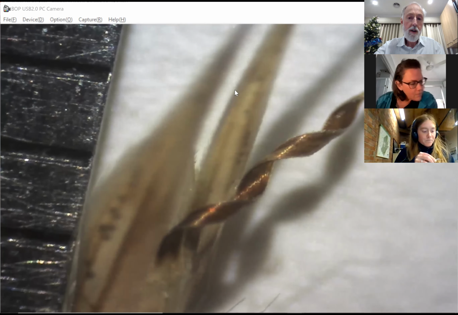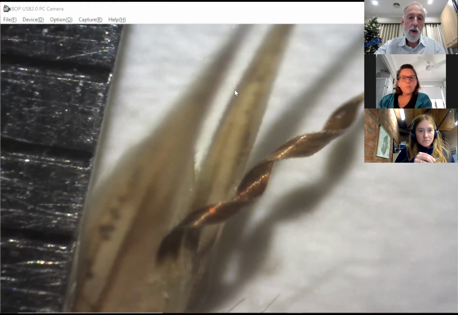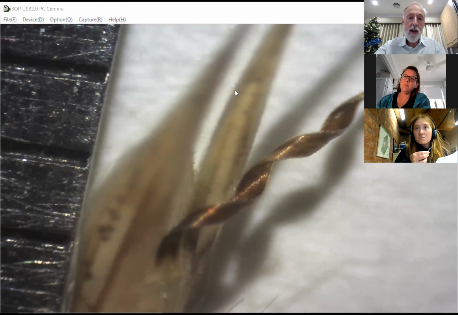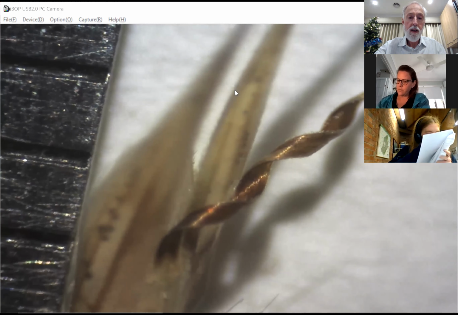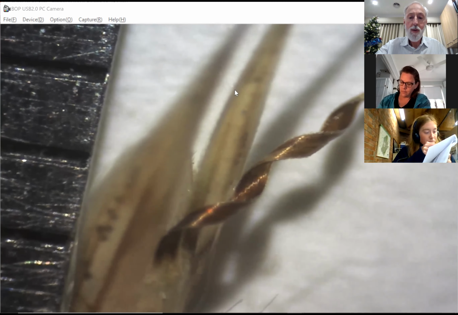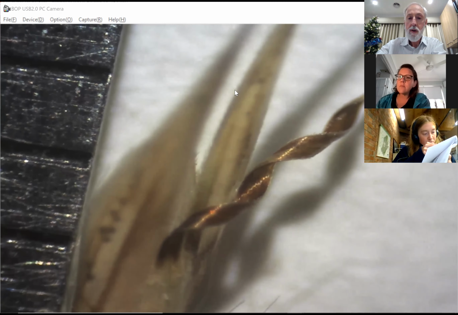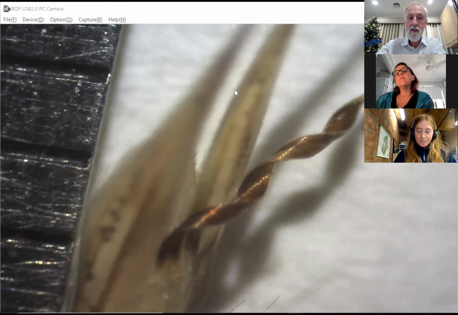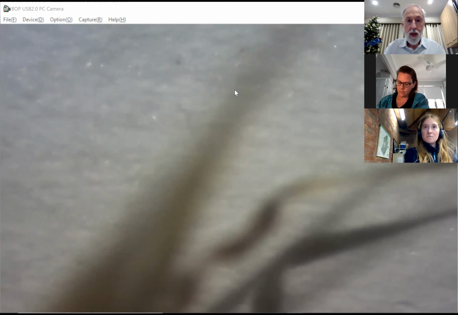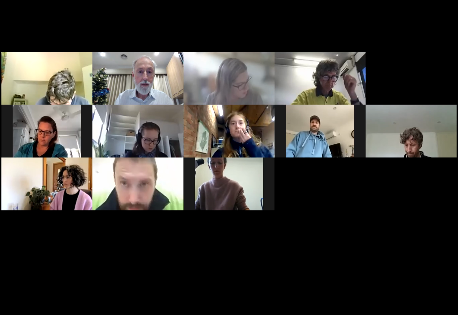If I was in any doubt, I would put a droplet of water on that coiling part and it would straighten out within seconds. But even allowing for it elongating by 10 to 25%, I've calculated that and verified it in my measurements. It's still more than quarter, I hope you'd agree. Everybody happy with that? No contest? Good. Then I'll stop sharing that screen and go back to the key.